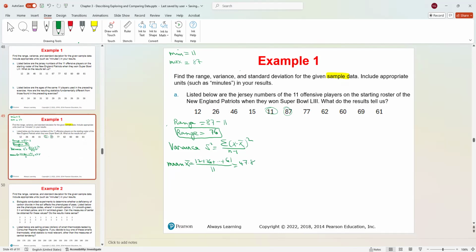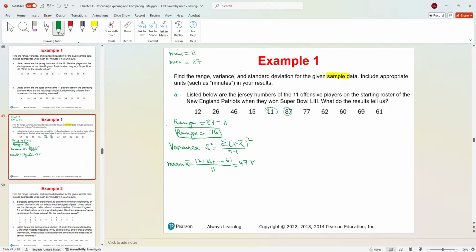I must just verify and make sure this is the correct answer for this data set. Yeah, I believe the mean is 47.8.